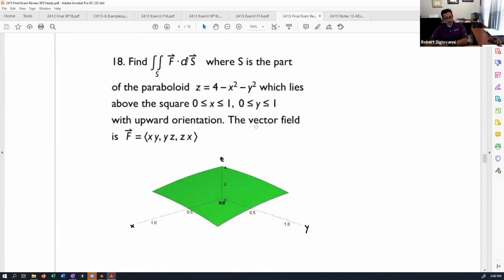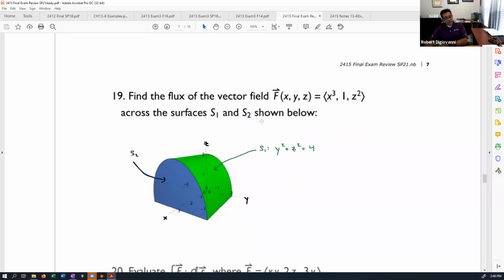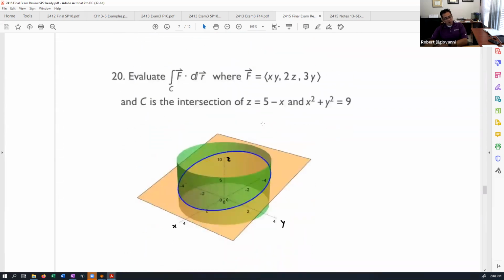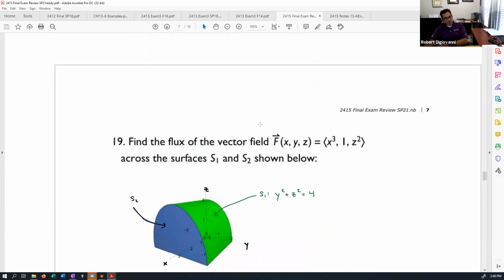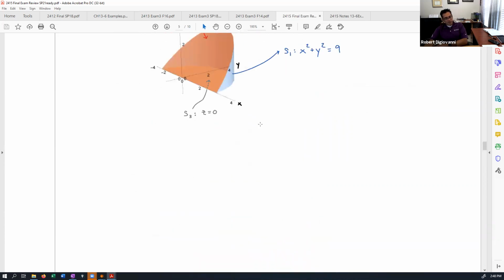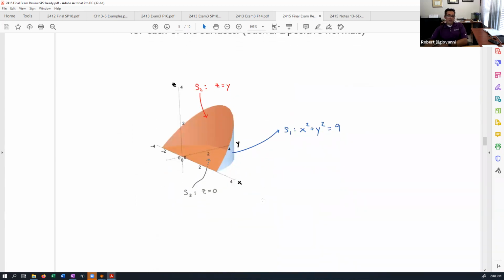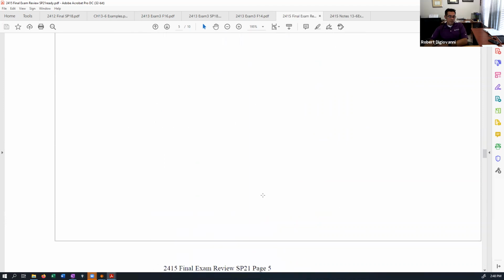We haven't done 18. We haven't done 19 or 20. So pretty much anything after 17, we haven't done.